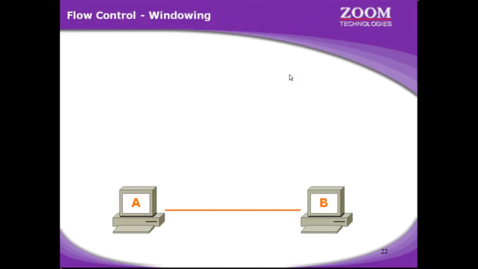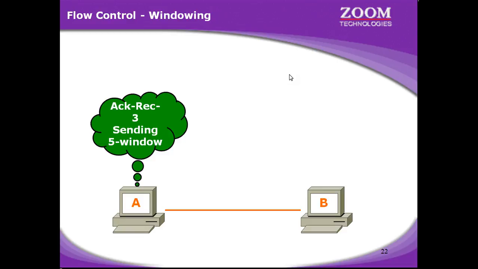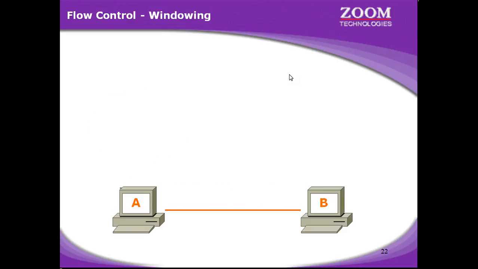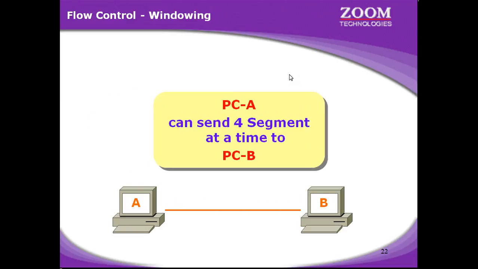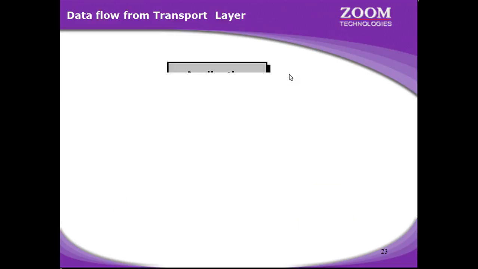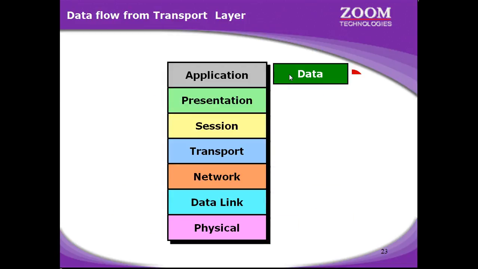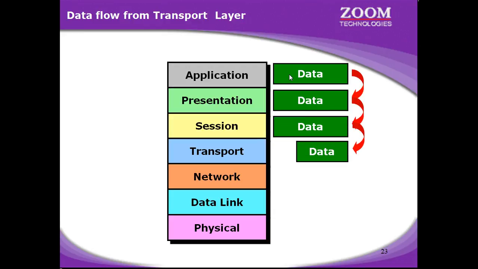It is also called windowing. In the transport layer, the data is present in segment format, not in data format. Here the data is present in segment format.